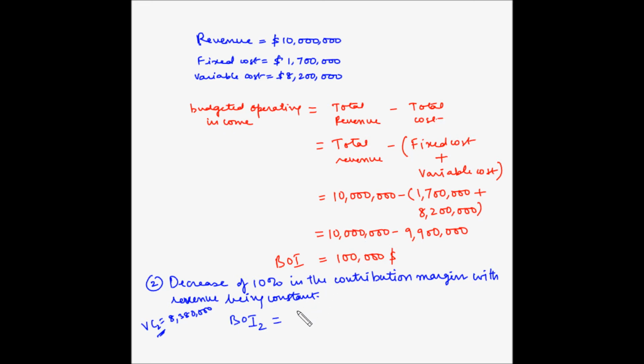Total revenue is still the same, 10 million, minus fixed cost is also the same, 1.7 million, minus, now the variable cost has changed to 8.38 million. So 8,380,000.